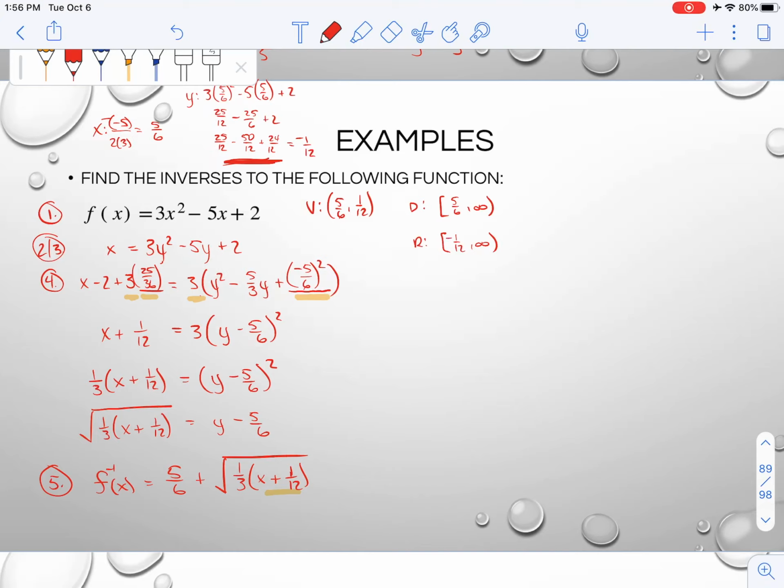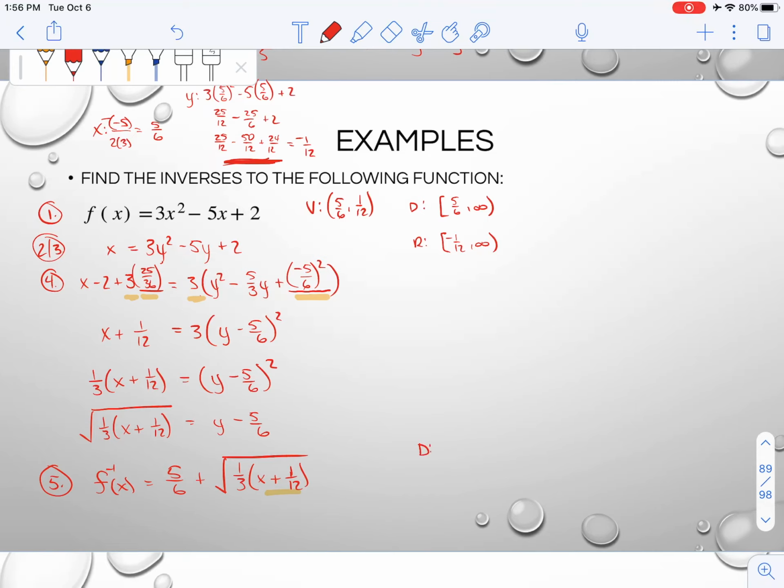Thus, part of the reason why we actually look at the domain and range is that had I not done that, I might not have caught that I had a tiny little mathematical error up in that first part. Again, if I had this in its other form, it would have been 1/3 x plus 1/36, and if I set that equal to 0 and solve it, I'm still going to get that leftward shift of 1/12, but leaving it in that factored form made it more apparent and easy for me.